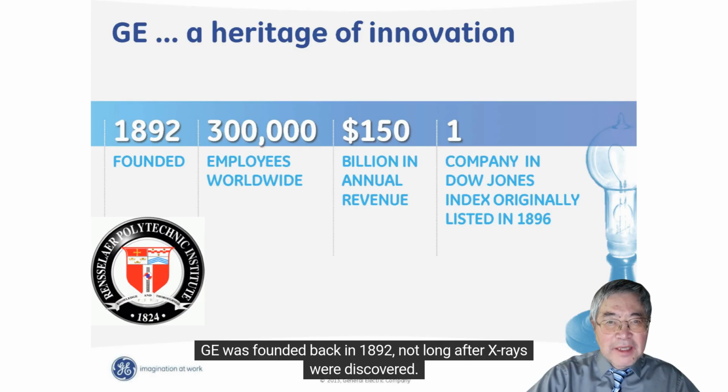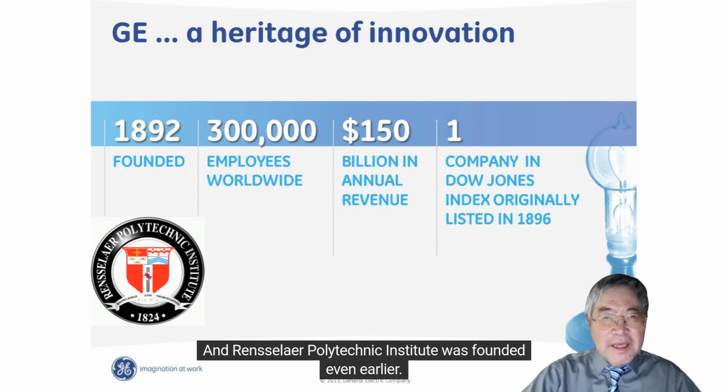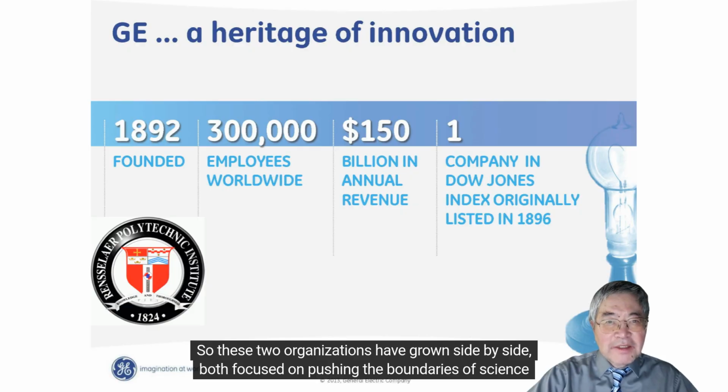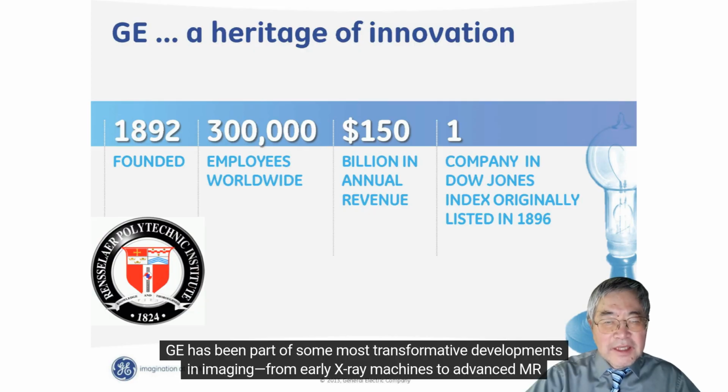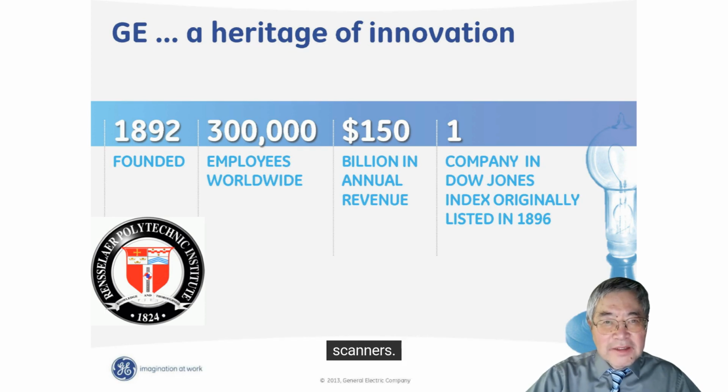GE was founded back in 1892, not long after X-rays were discovered. And Rensselaer Polytechnic Institute was founded even earlier. So these two organizations have grown side by side, both focused on pushing the boundaries of science and technology. GE has been part of some most transformative developments in imaging, from early X-ray machines to advanced MR scanners. They've really helped shape this field.